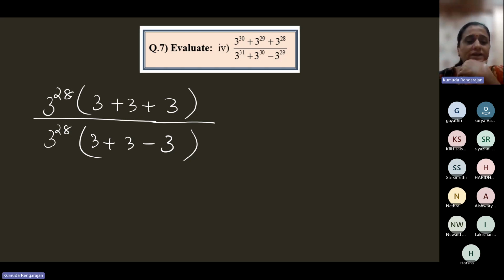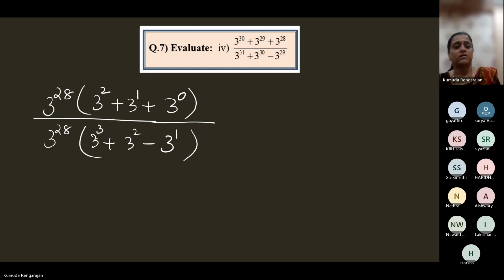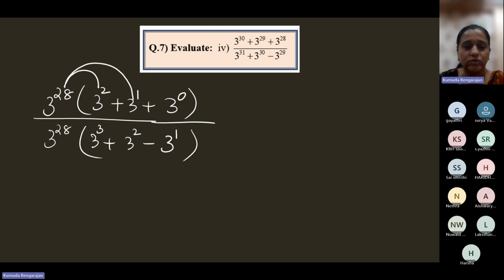So now 3 to the power 28 into 3 to the power what will give you 3 to the power 30? 3 to the power 2. For the next one, 3 to the power 1. Next, 0. Then below, 3 to the power 3, 2, 1. This into this will give you the first term, this into this the second term, this into this the third term.